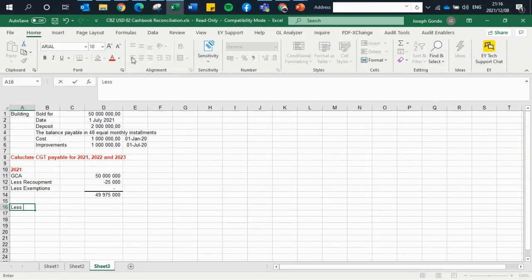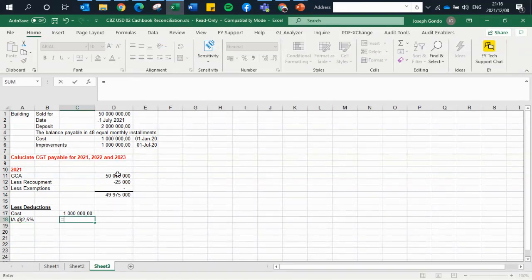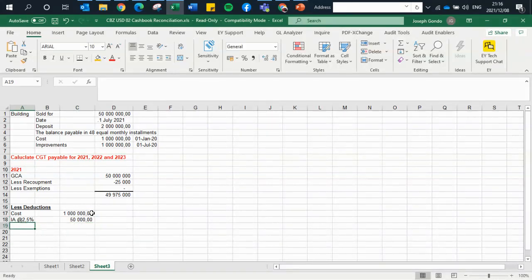Then we say less deductions. What deduction do we have for the cost of the asset, which is 1 million? We have inflation allowance on the cost at 2.5%. So we are going to say the cost multiplied by 2.5%, multiplied by how many years, 2020, 2021, multiplied by 2 years.